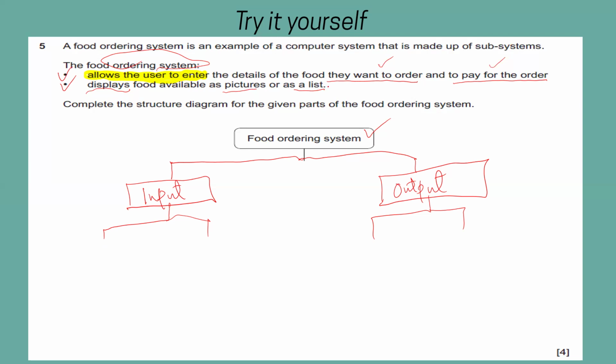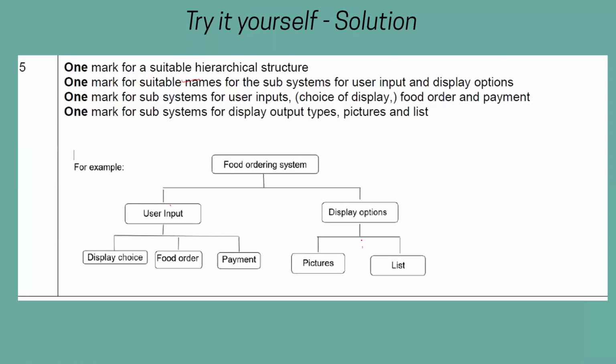So it can obviously be displayed or output with the help of a list or with the help of pictures. So it's very simple that under output, you're going to write pictures. Under output, we're going to write list. So over here, I should write picture like this and write the list like this.